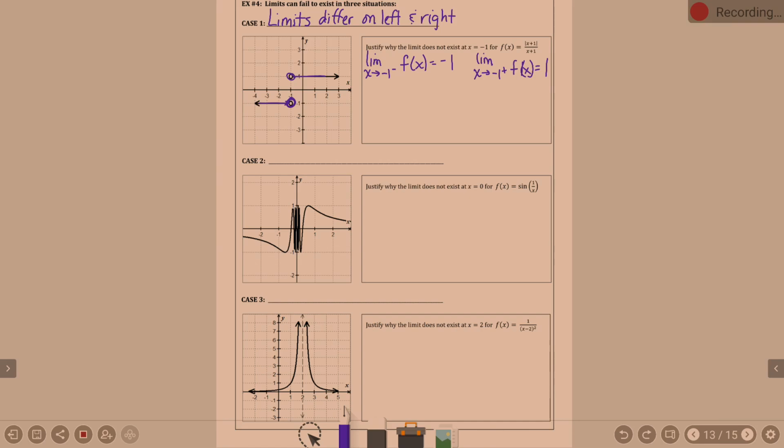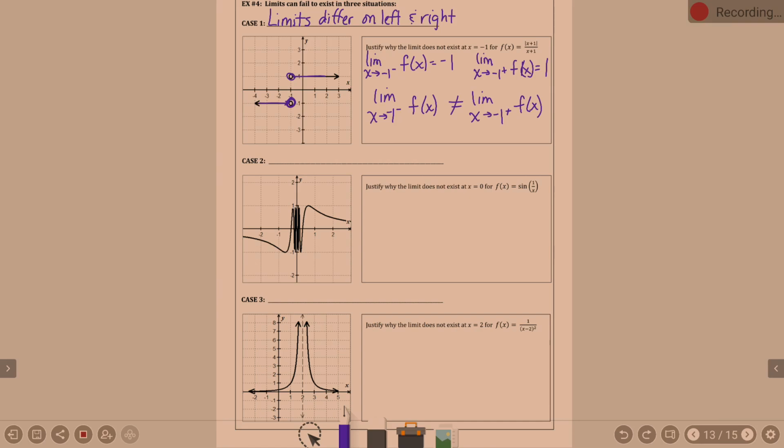Now, how can we justify this limit does not exist? Because the left and the right-hand side do not equal each other. So I can say that the limit as x approaches -1 from the left of f of x does not equal the limit as x approaches -1 from the right of f of x.